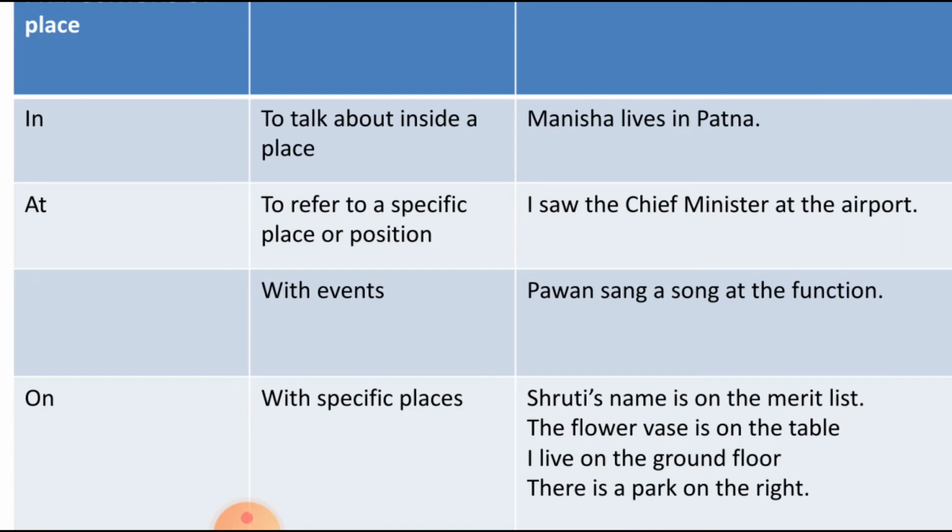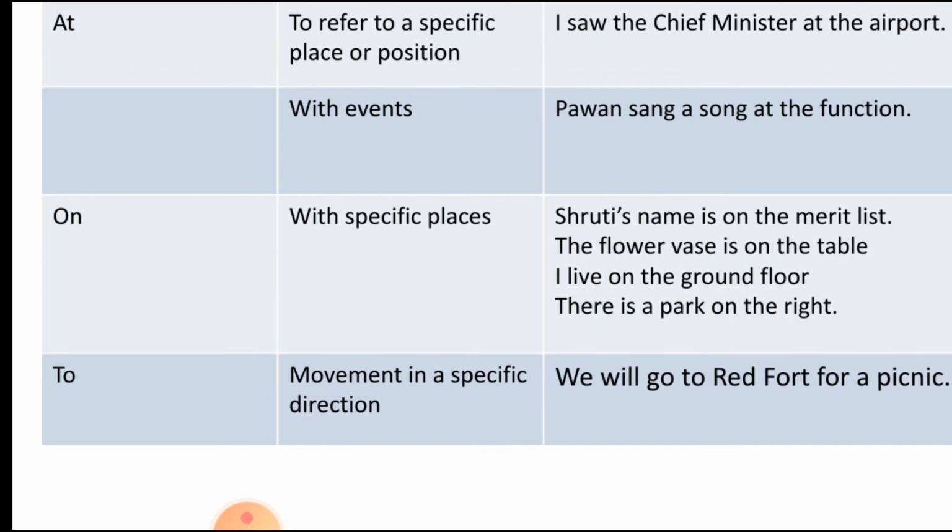The flower vase is on the table. I live on the ground floor. There is a park on the right. So here we are talking about the right side. The next preposition of place is to. It is used when we are talking about a movement in a specific direction.